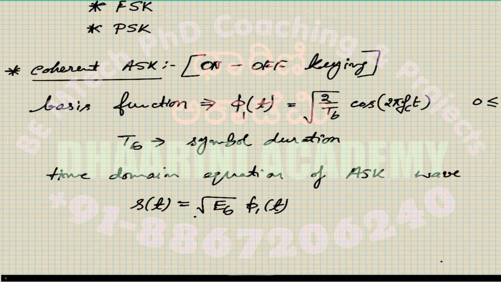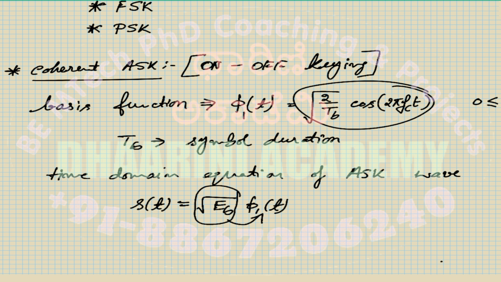See, this is the amplitude part, right? Amplitude, I am going to put it over a carrier frequency signal. So it is very much similar to the amplitude modulation in the continuous waveform modulation techniques, right?